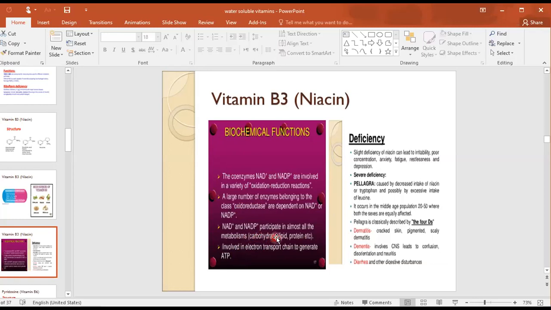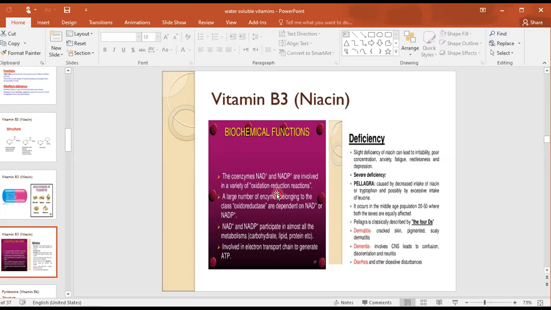يبقى they are very important in the chemical reactions producing energy, whether these are in the carbohydrate or lipid or proteins. Also, one of the most important functions of niacin is that NAD is important for DNA repair mechanism. لما بيحصل damage, if there is a damage for the DNA which can change the DNA sequence, this is prevented by the action of NAD.